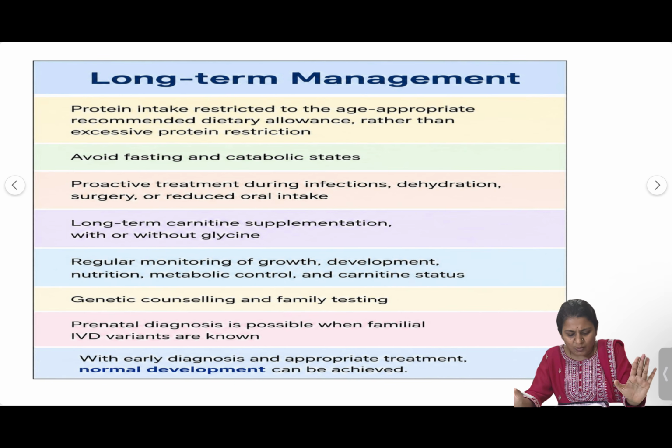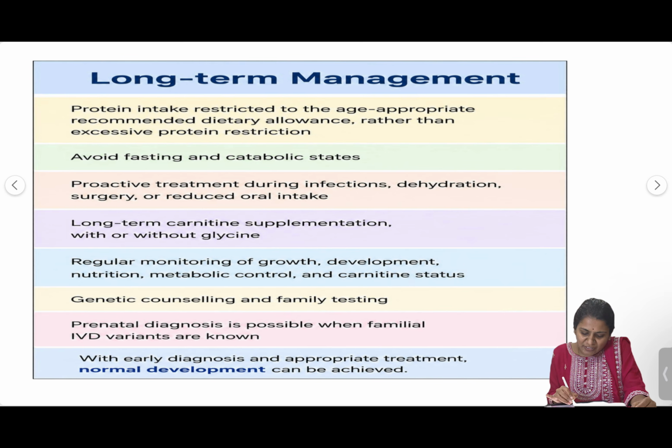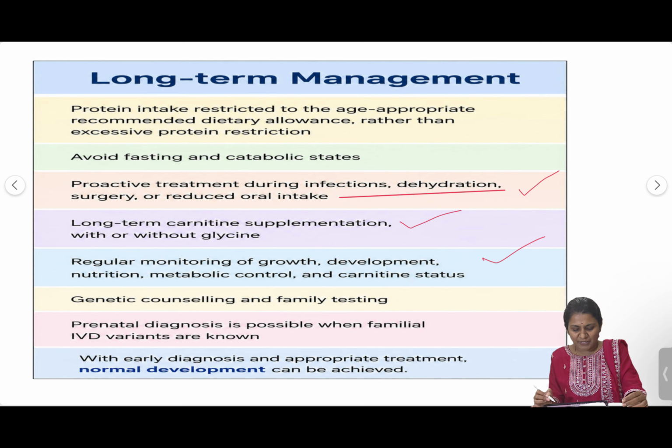So better to avoid fasting, so that catabolic events are avoided, and during infection, dehydration, surgery, or some acute event, be careful. That should be managed very properly. Then long-term supplementation of carnitine, regular monitoring of development and growth. Then genetic counseling and family testing are also very important. And you have to look for normal development.